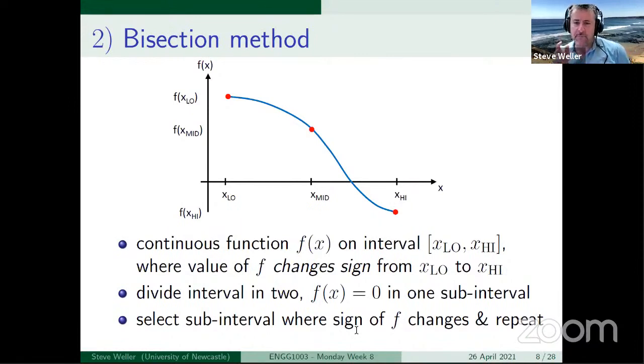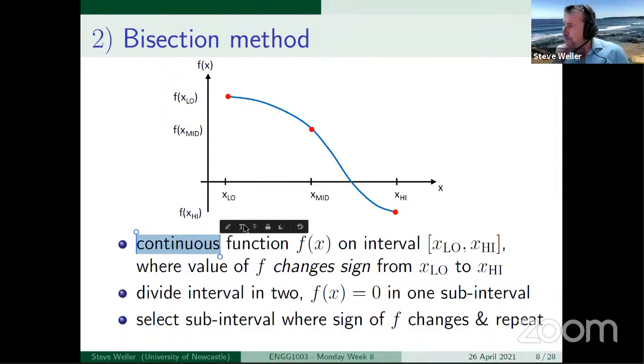Now, what we need to do in order to kick off the bisection method is identify a range of x values, and somewhere in that range, the function crosses the x-axis. So what we want is a function, and I'm going to assume that the function has this property called continuity.